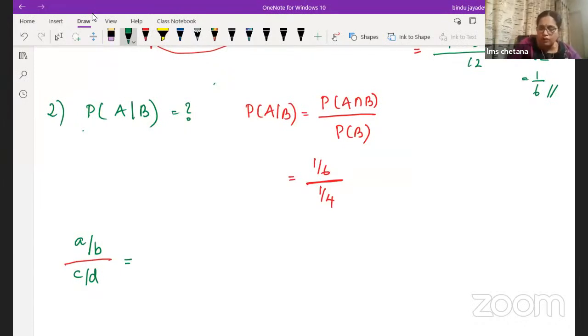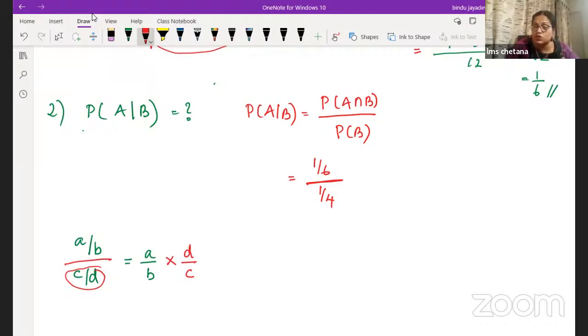That means see how I'm going to write to multiplication. A upon B write as it is, and here multiplication comes. That means division changes to multiplication. And this part C upon D, while you're taking it up, automatically D will come up and C will come down. Understood? That means A upon B as it is, division changes to multiplication.